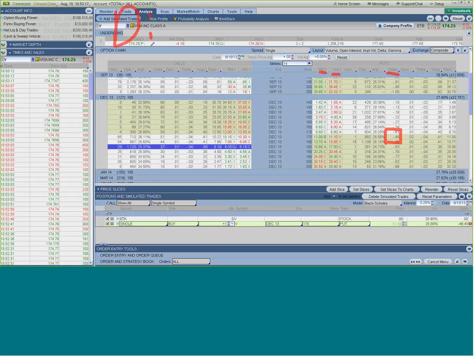What does the delta mean again? The delta represents the relationship between how much a stock moves and how much the option moves. The stock moves $1, the option moves 1 unit of delta, which in this case is 48 cents. So if the stock goes from 175 to 150, that's $25 times a delta of 0.48 equals $12.